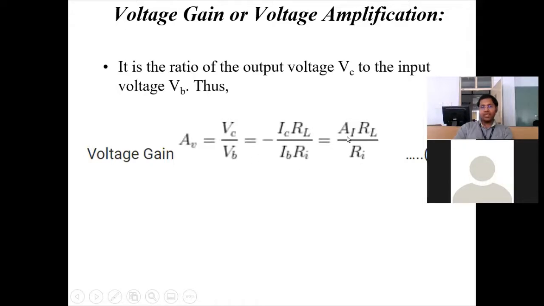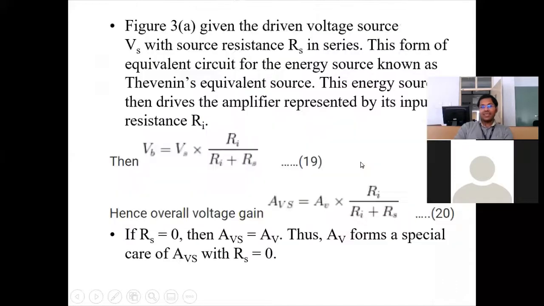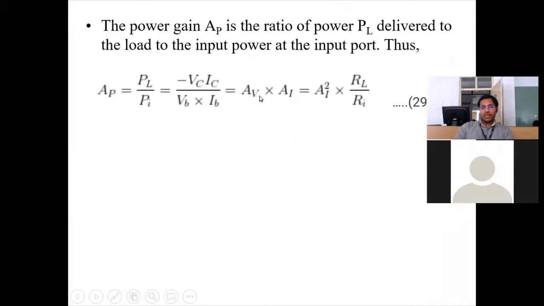Let us replace that here: AI into RL by RI, into again AI. So AI becomes AI square, times RL by RI, which you get as it is.